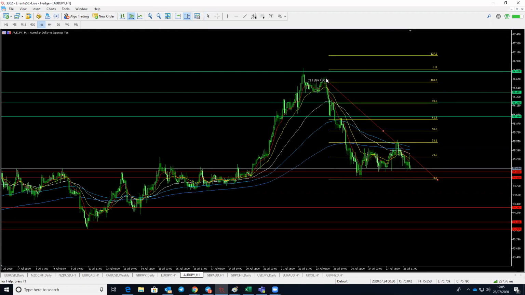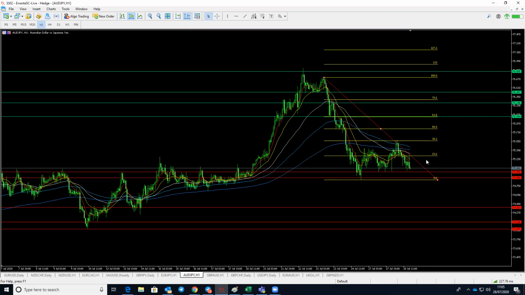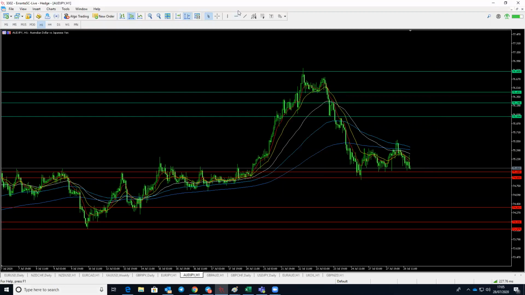If I take my A higher, then it's only 38.2. For pattern trading, you need the C point to be at 61.8. So we've got a possible pattern here as well.